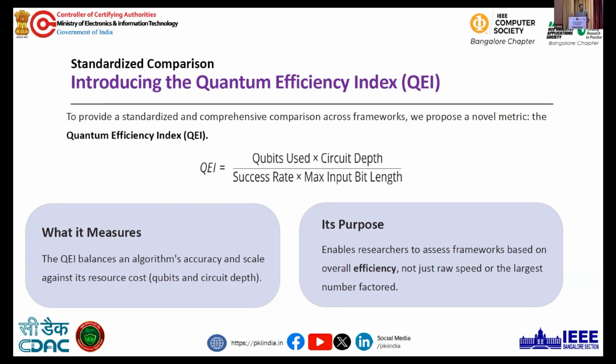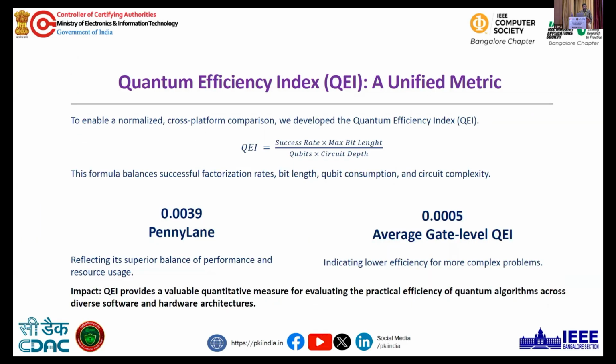Rather than measuring speed or size alone, QEI gives a holistic measure of efficiency. We measure these values in software now, and in our future work at the hardware level also.